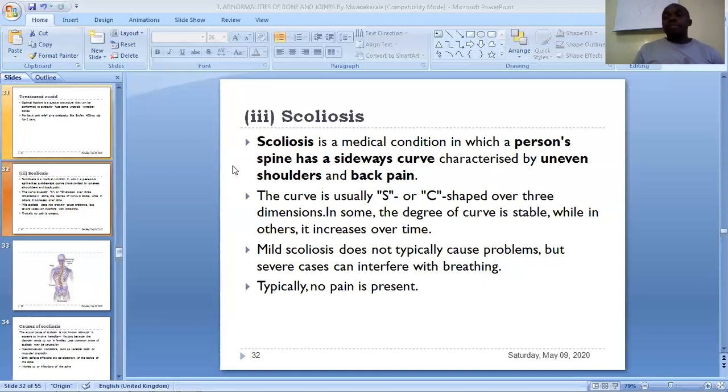Number 2 objective under the specifics states that students should be able to state the signs and symptoms of scoliosis. The third objective states that students should be able to manage scoliosis. When we talk about management, we're referring to investigations.